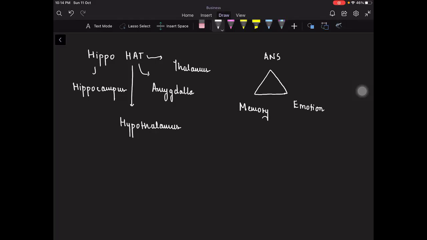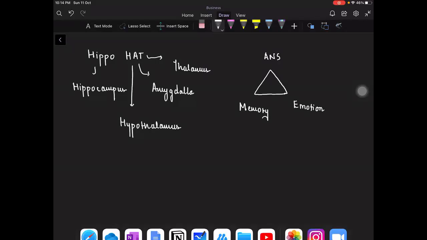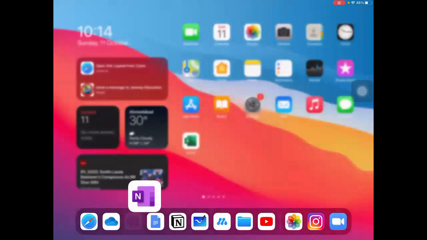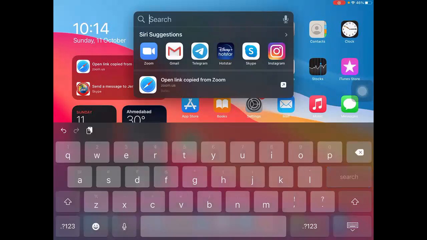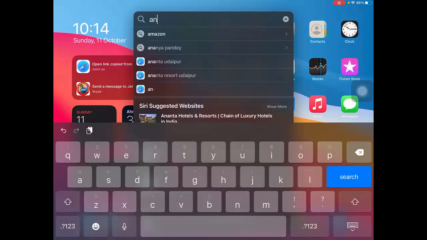So people have written in the chat box that it's okay, we have the basic concept. I personally feel we can do a quick revisit, just a quick visualization of these things. But again, whatever everyone wants. Okay, so I'll show you the app that I use, and I recommend you get that app.